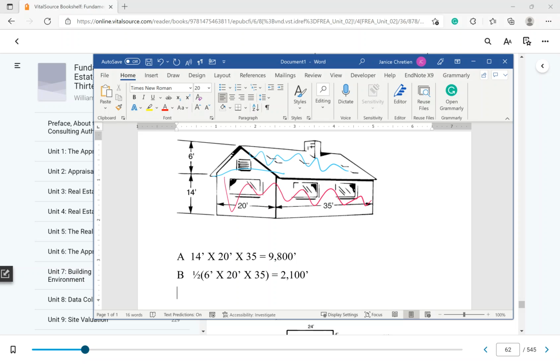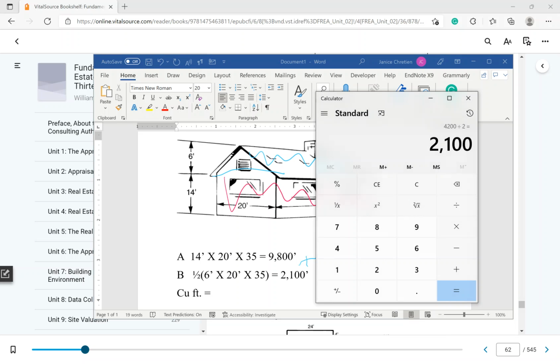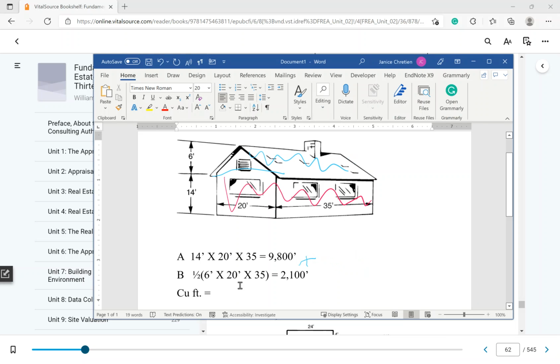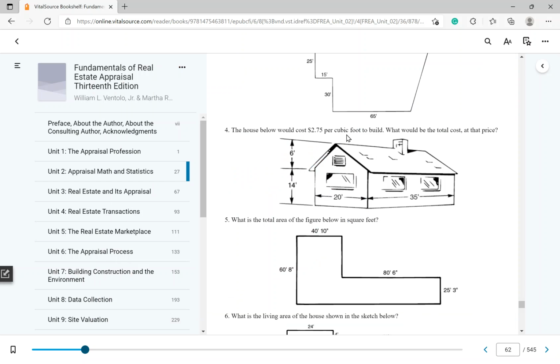Then, like before, we're going to add these two numbers. So our cubic feet will be 9,800 plus 2,100. So we've got 11,900 feet. And the question said that it's going to cost $2.75 per foot.